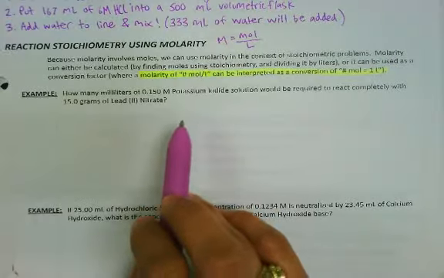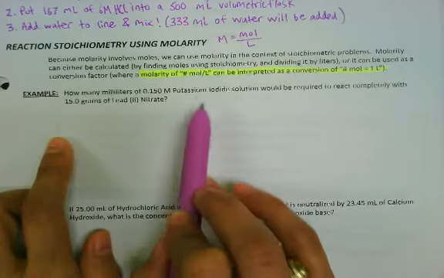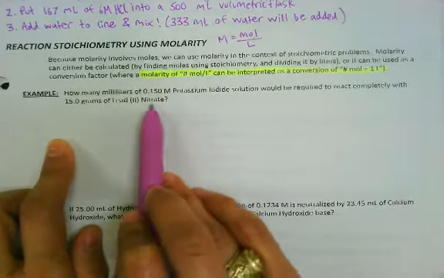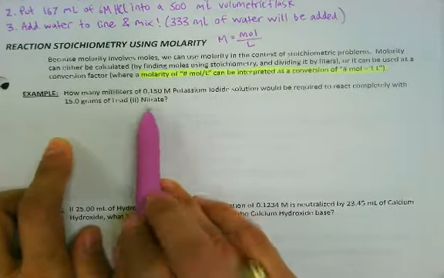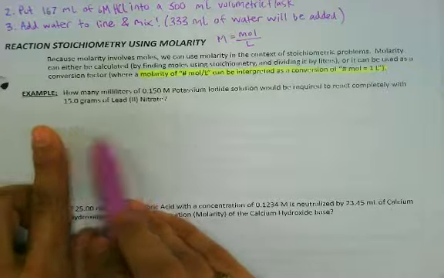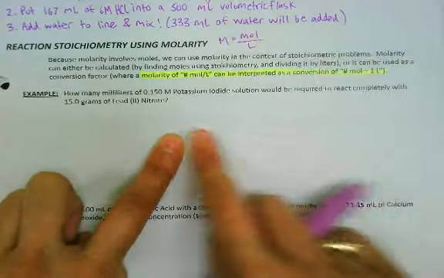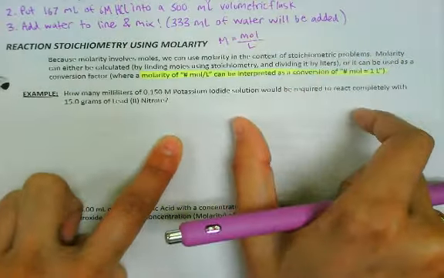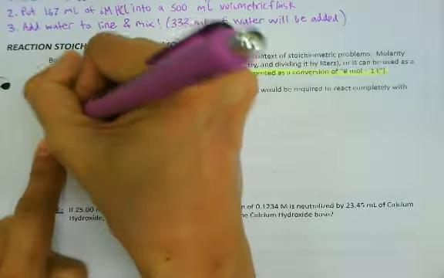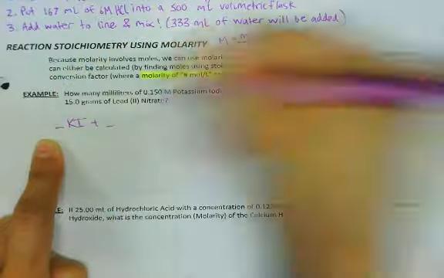The first thing you do in this situation is you write your reaction, okay? Potassium iodide is reacting with lead-2 nitrate to form 2 products. So I need you to write potassium iodide plus lead-2 nitrate and then draw your arrow and then write your products, okay?